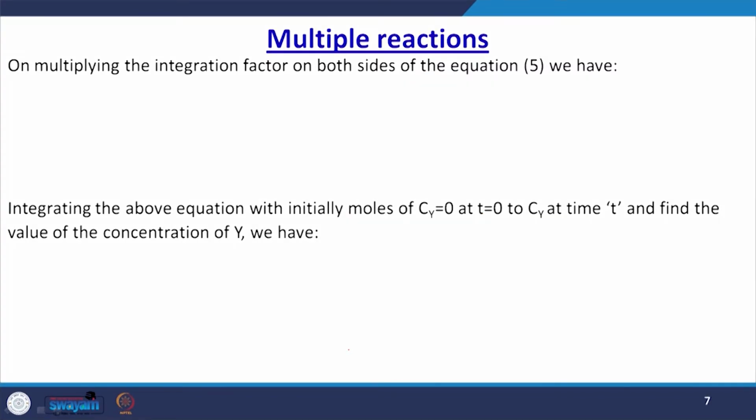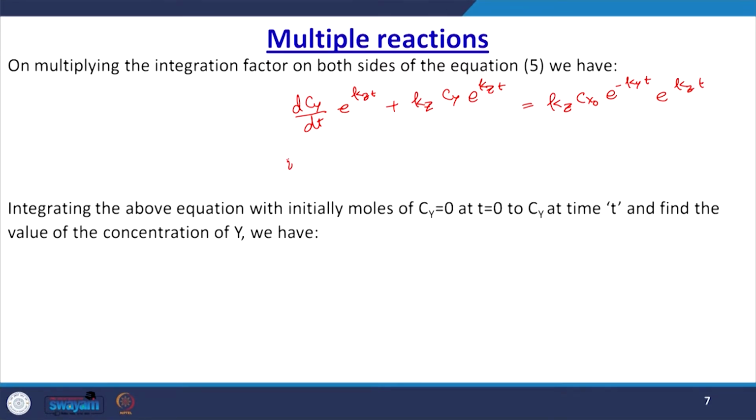Now, if we multiply this integration factor on both sides of equation 5, then we have dCy/dt e^(kz t) plus kz Cy e^(kz t) is equal to kz Cx0 e^(-ky t) e^(kz t).